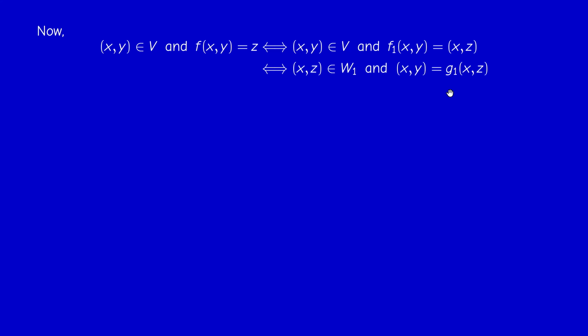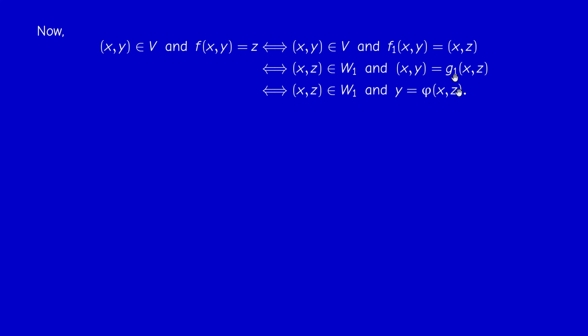And now, according to the inverse function theorem, I can invert this relation and write xy equal g1 of xz, because these 2 relations are equivalent according to the inverse function theorem. Since the first component of g1 is x, this equation is equivalent to saying that the second component of g1, which is phi of xz, is equal to y.